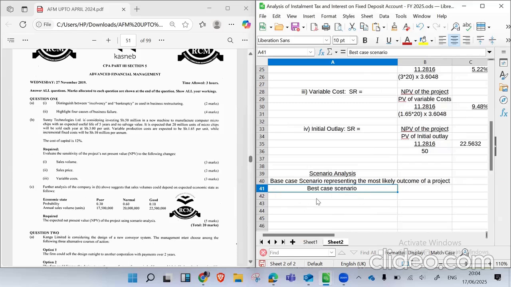So we have the best case, and we have the worst case. Worst case scenario representing the most pessimistic outcome of a project.